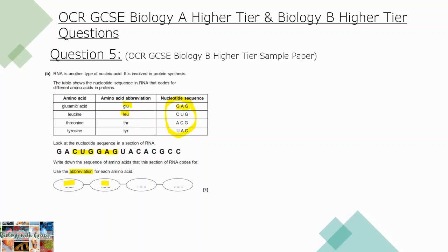Then our third amino acid, we've got UAC, and UAC is here, and that is tyrosine. So therefore our answer is going to be TYR for tyrosine, and that will go here. And then finally we've got ACG, and ACG codes for threonine, and that is THR, so therefore that will go there. So you can see our answer here.